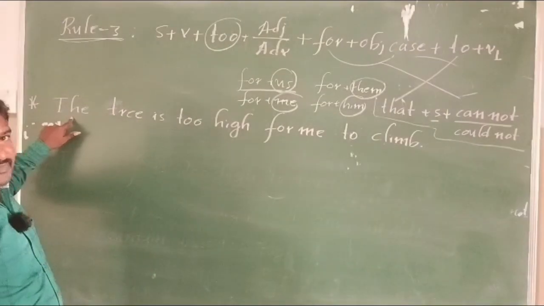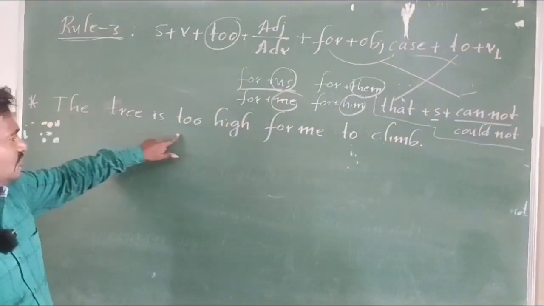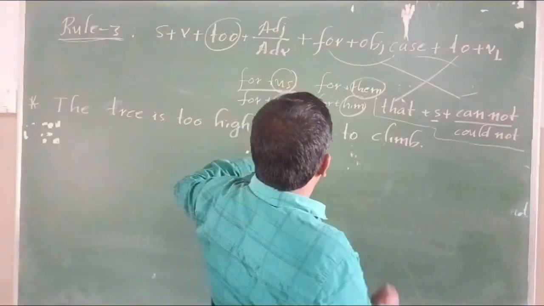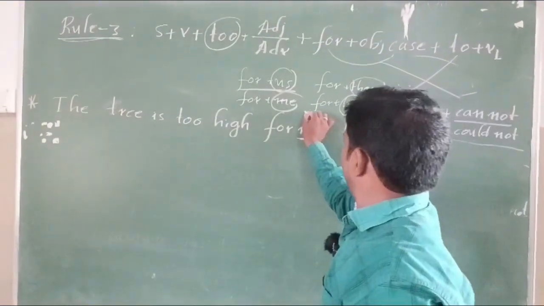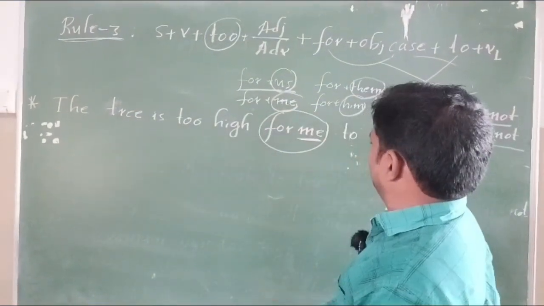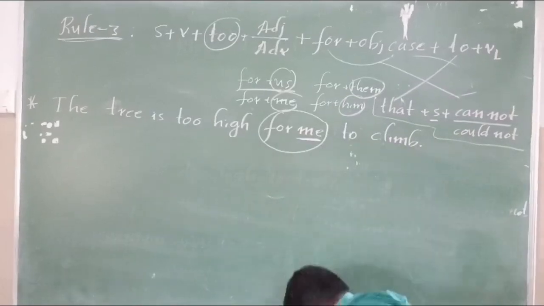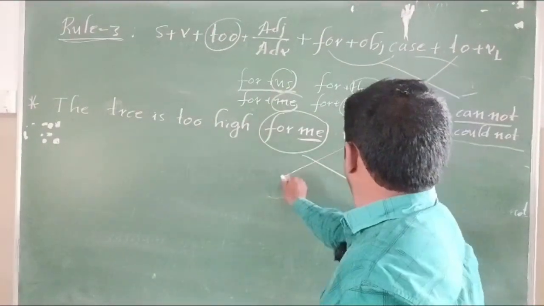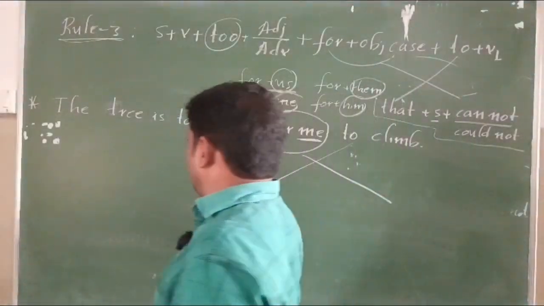So what is that? The sentence: the tree is too high for me. That is "too" for me, it is object case. We'll use this side. Okay, yes sir. According to that, I am writing.